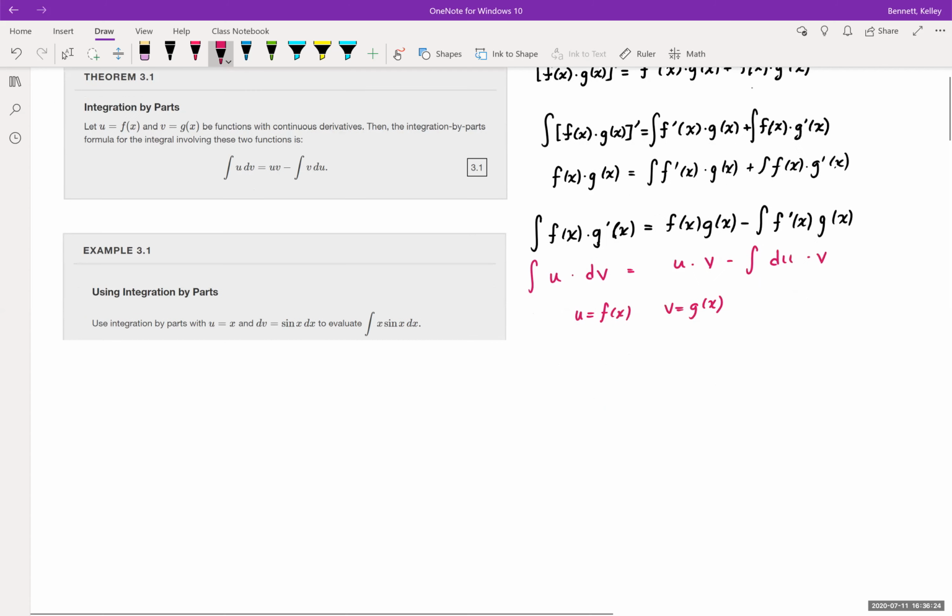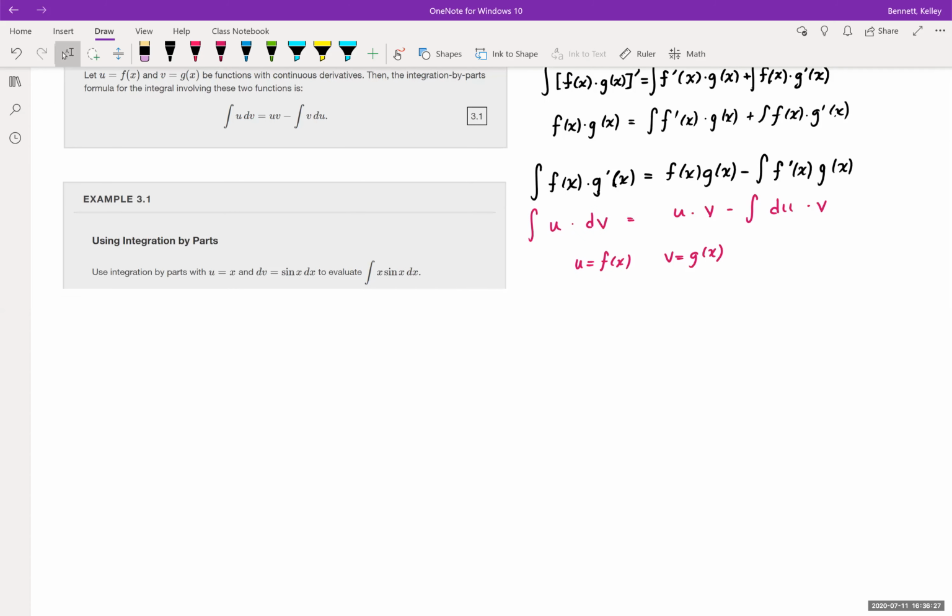So let's go ahead and try it. In this first example, they're telling us specifically what we should use for u and for dv, right? So when you do integration by parts, you want to say, okay, one of these functions is u, and the other one is the derivative of a second function v.